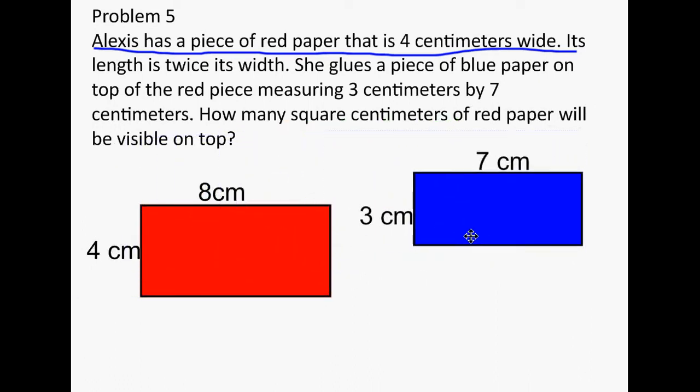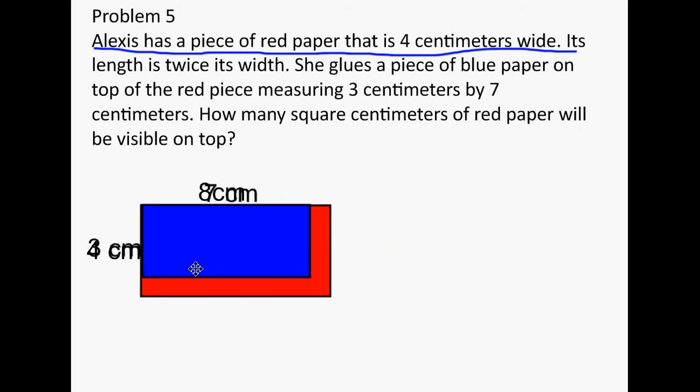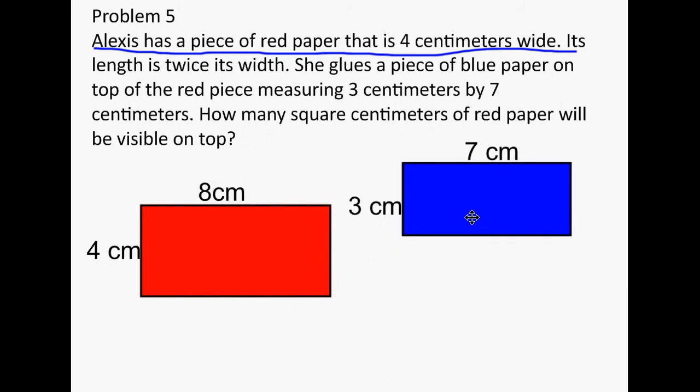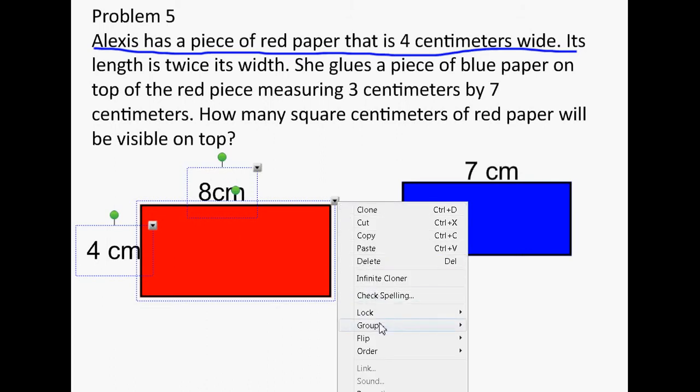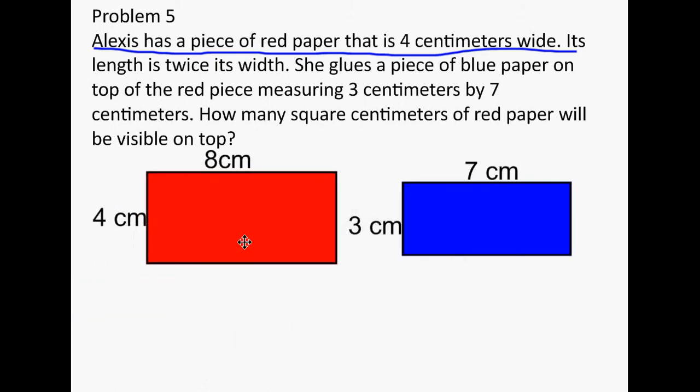So here's the thing. If we want to know what the difference is here, what can we do? How do we find out the difference between things? Well, if you're thinking of subtraction, you're right. Good. So let's take 8 times 4, which is 32.